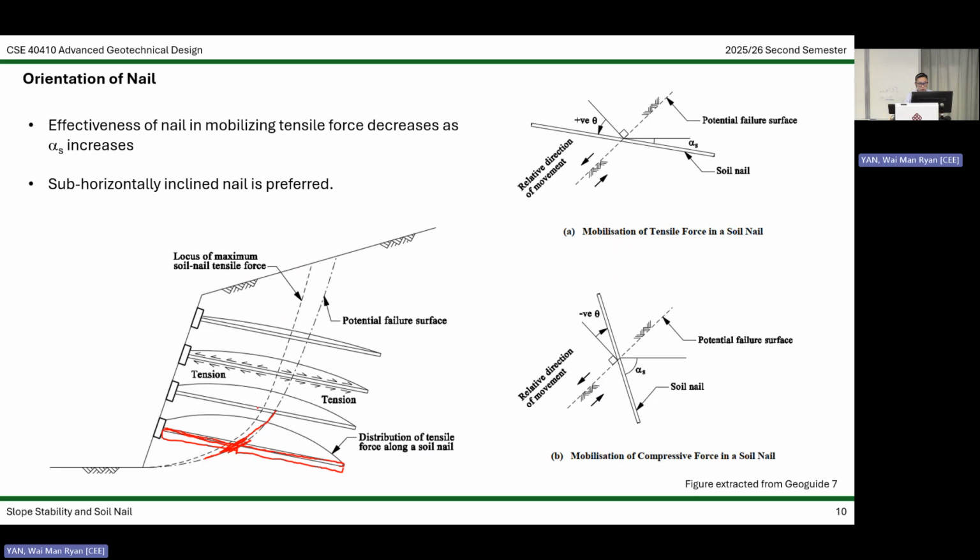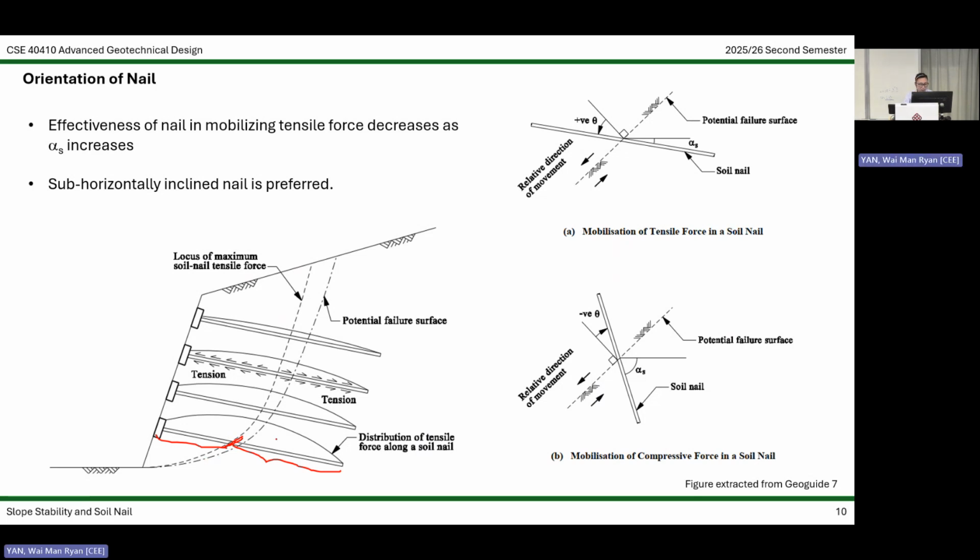Okay. So let me do it again, because I see a lot of question marks on your heads. This is a nail. This is where the potential slip plane will cut through the nail. Behind that slip plane is the passive zone. In front of the slip plane, the active zone.